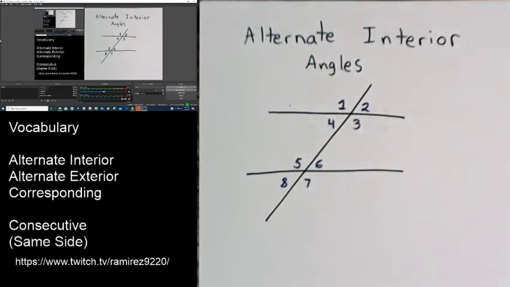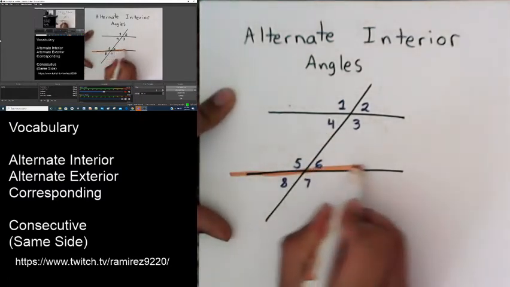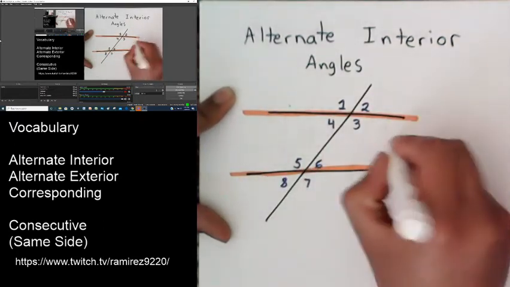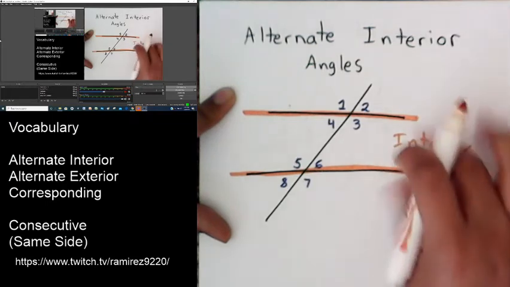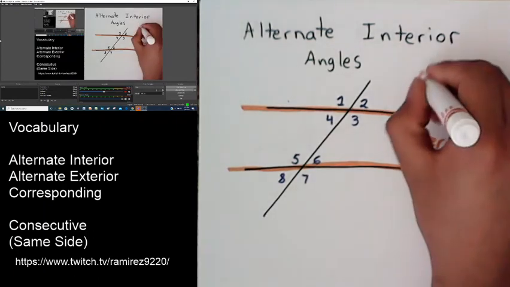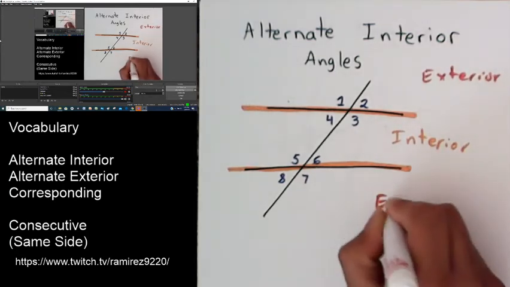Here's how basically you want to break this up. Where your two parallel lines are, in between them, we call that section the interior section. Outside is obviously the exterior section. So this is exterior, and this is exterior.